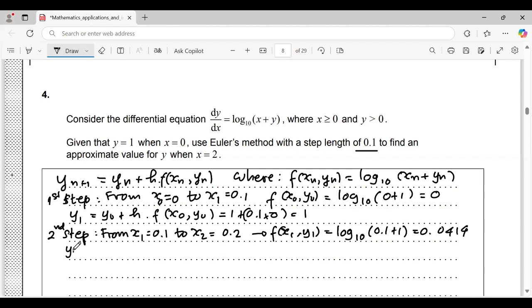So y2 is y1 plus h times f(x1, y1), equal to 1 plus 0.1 times 0.0414. The result is 1.00414.